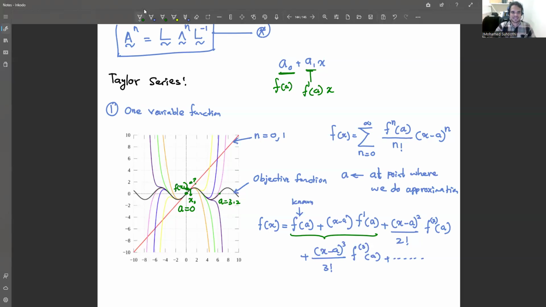So this is my case. This is the application of the Taylor series. That means we try to calculate the function value without knowing the equation, through the approximation.